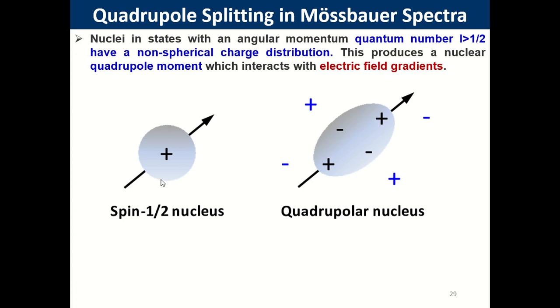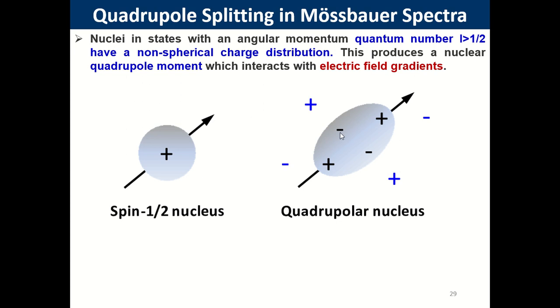As you can see, if the spin quantum number is half, then the nucleus is spherically symmetric. There is no separation of charges within this nucleus, and so no quadrupole is generated. But if you have a spin quantum number greater than half, then the charges, plus plus minus minus, will separate out within the nucleus.